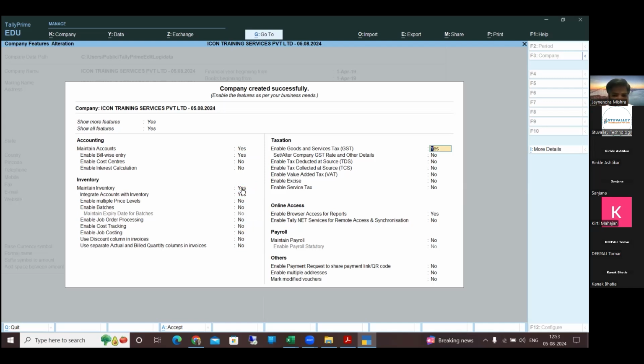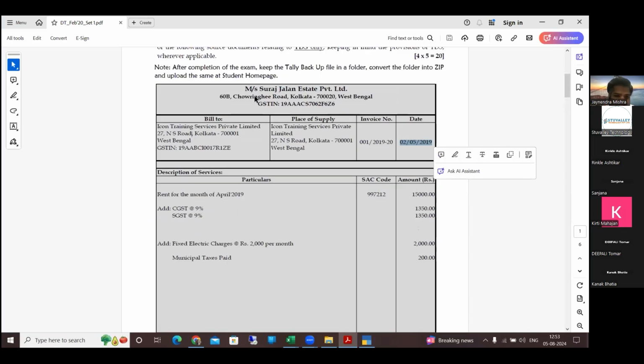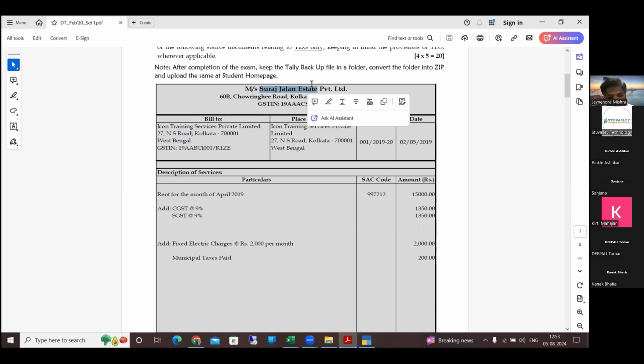We'll discuss important features. Enable GST, yes, friends. We'll learn about GST also. Why enable GST? See, this is a rent invoice, or rent receipt. You can see this invoice is issued by Surat Jalan. Surat Jalan is charging rent to our company, or we can say we have to pay rent to Surat Jalan, because we are using the property of Surat Jalan.